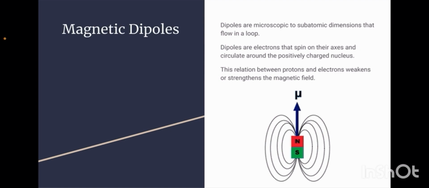Dipoles are electrons that spin on their axis and circulate around a positively charged nucleus. This relation between protons and electrons weakens or strengthens the magnetic fields. You can see the dipoles in the diagram below.